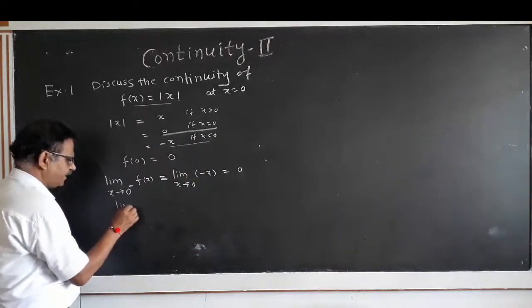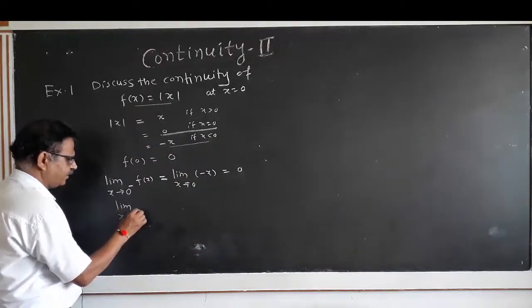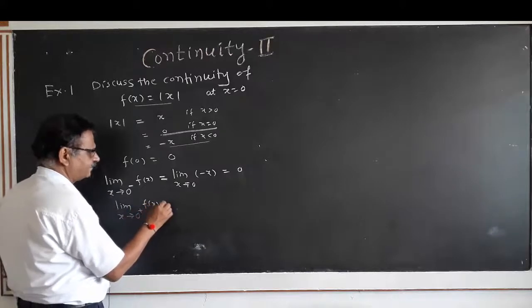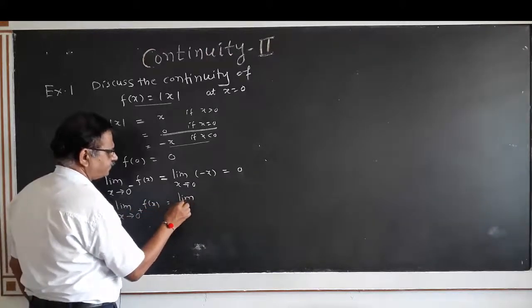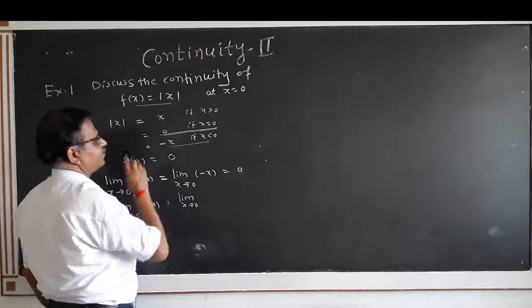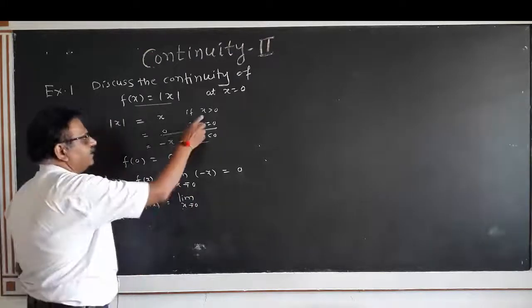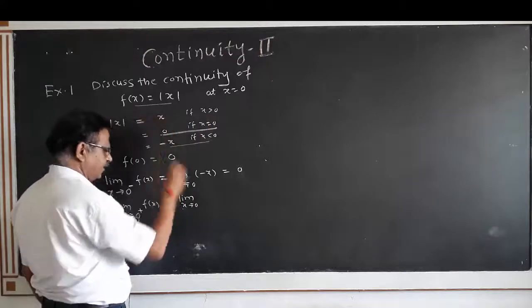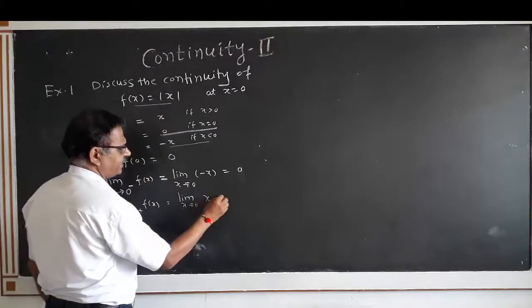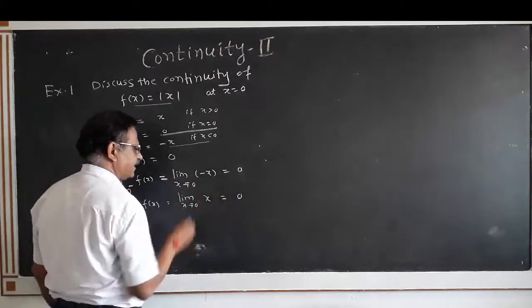We shall find out limit x tends to 0 plus, that is right hand limit of fx. X is approaching to 0 from right hand side means x must be greater than 0, and this is in this interval, and there value of mod x is x, and therefore its limit is again 0.